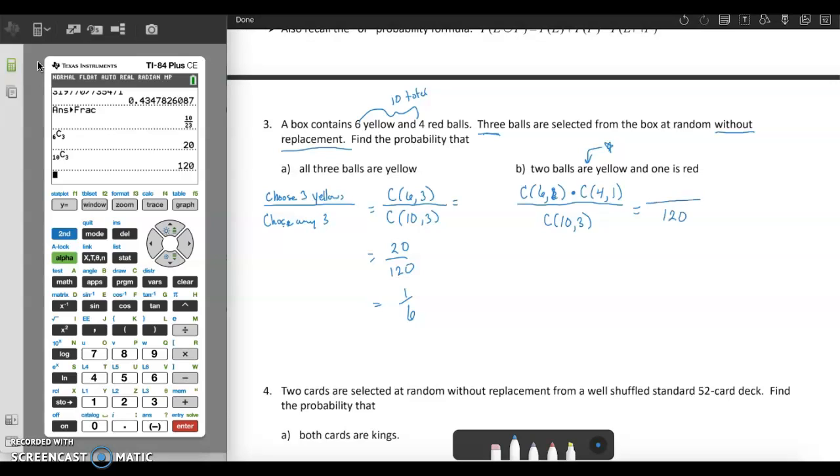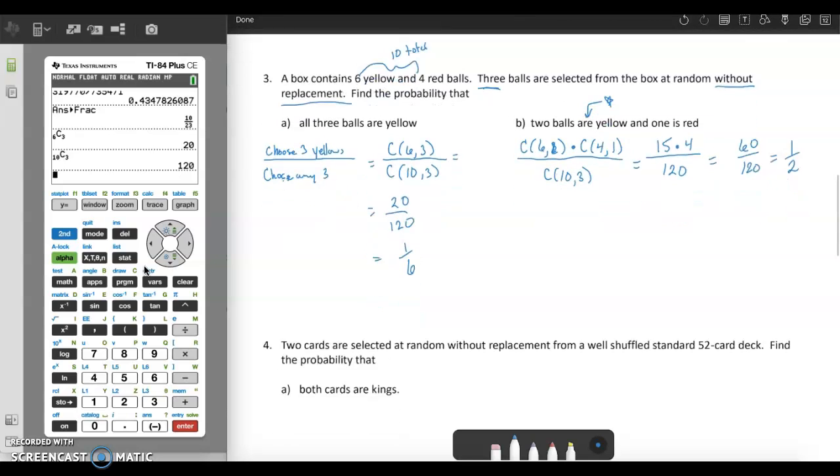That's the same calculation as before. I'll just do this quickly for you, and you can follow along or pause in your calculator if you want to. 6 choose 2 is 15. Then we multiply that by 4 choose 1, which is 4. So we end up getting 60 out of 120, or a half. So there's a 50% probability of that particular combination of things occurring.